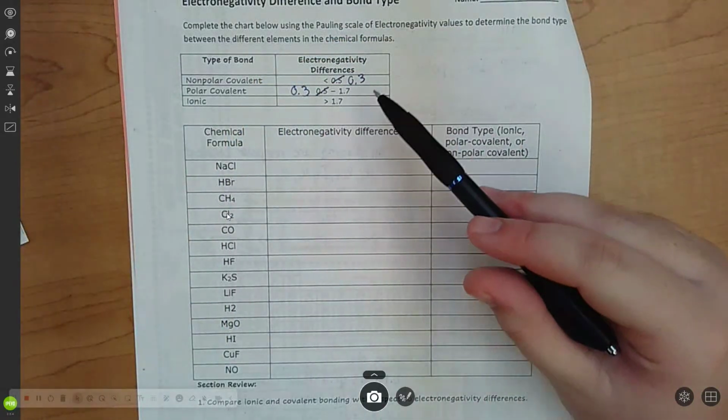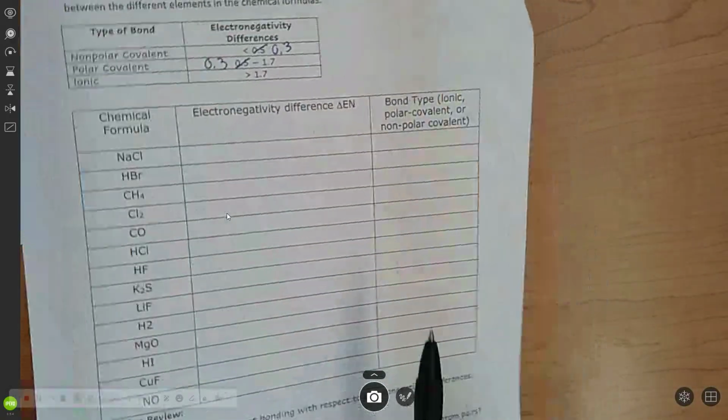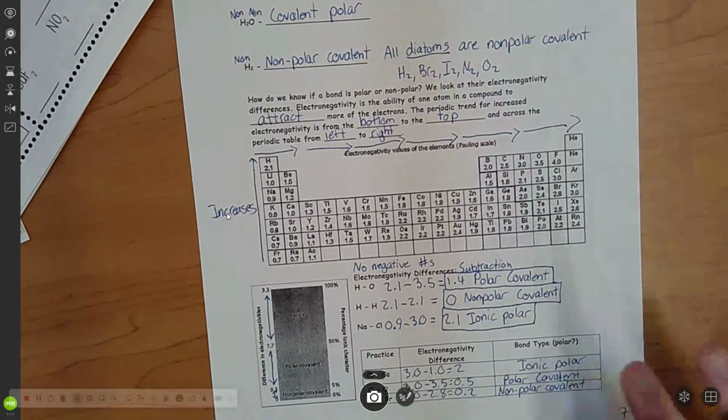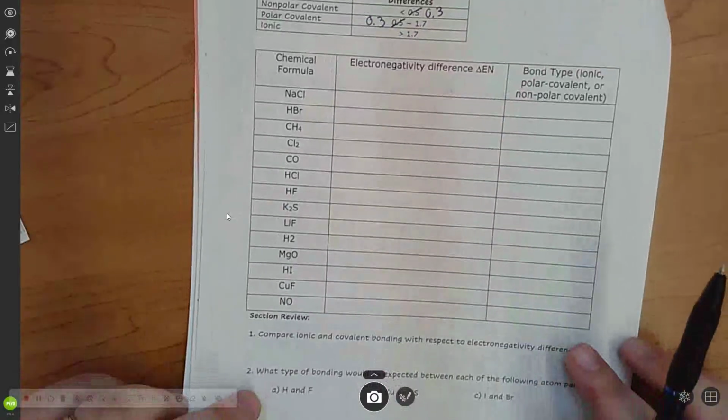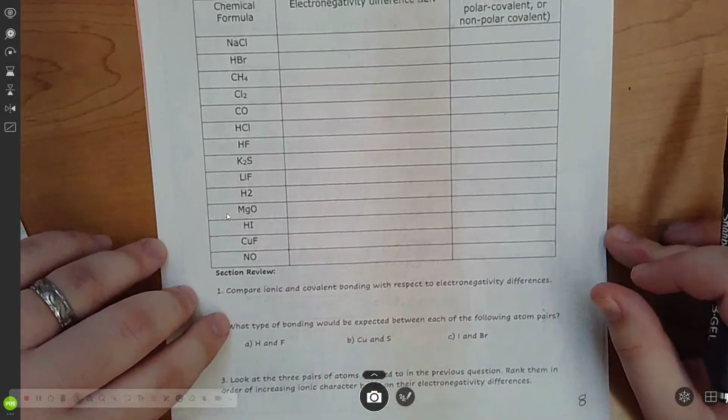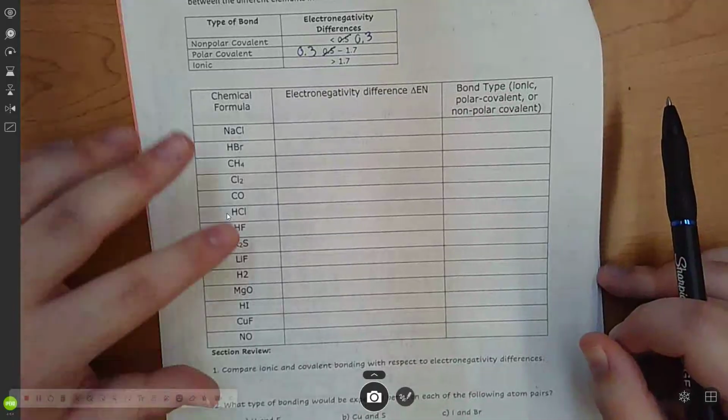So using this table and the periodic table on the back that shows the electronegativity values, you can complete this page. There are 3 questions at the bottom for you to do as well. Once you're done with this page, you will get a stamp, so call me over if you have any questions or if you are finished.